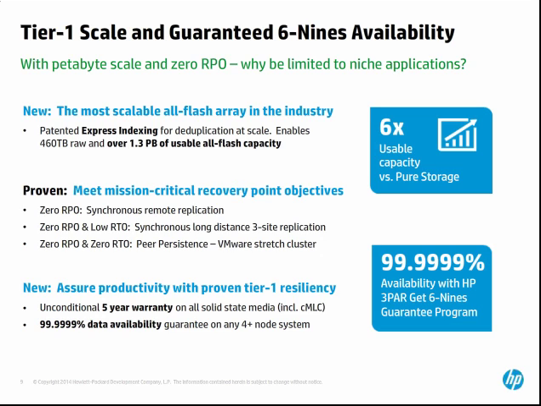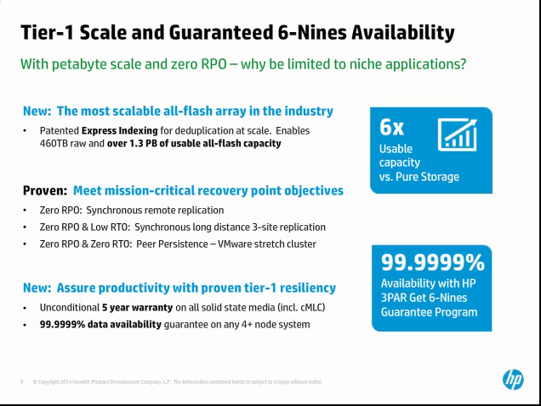And what we've just introduced into this platform is a guarantee for 6 nines availability. We will actually guarantee with a 4-node plus 3PAR system that you will achieve 6 nines of data availability on your system, no questions asked. We're also able to offer 5 years of unconditional failure replacement warranty on the flash media within 3PAR.